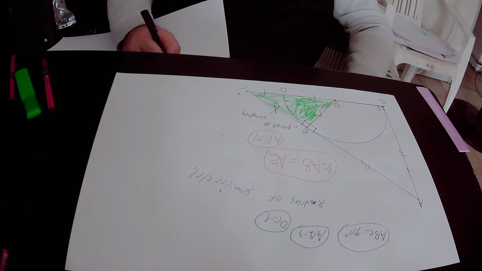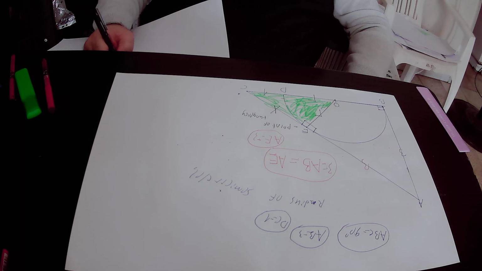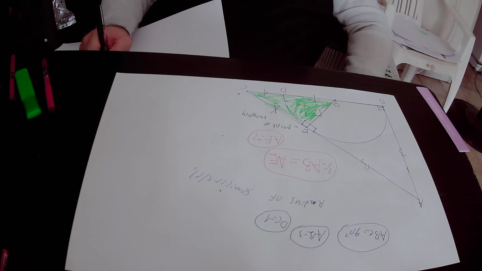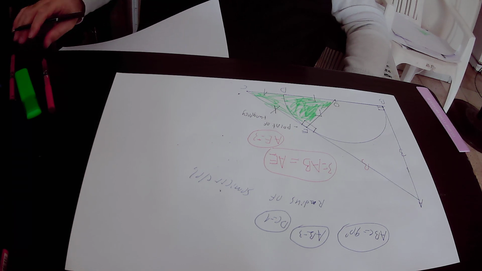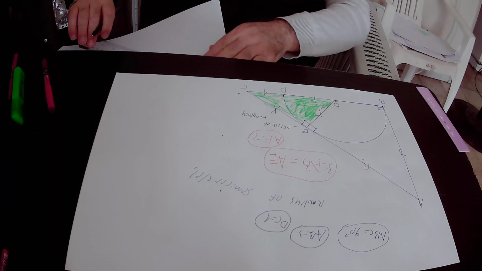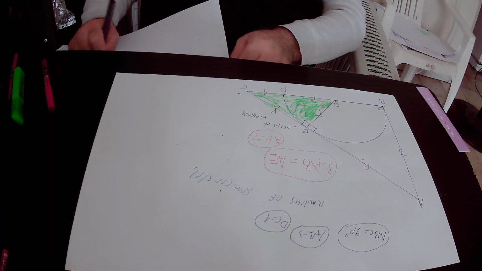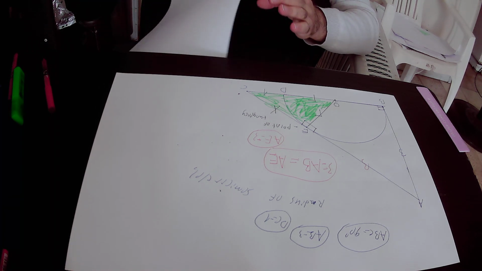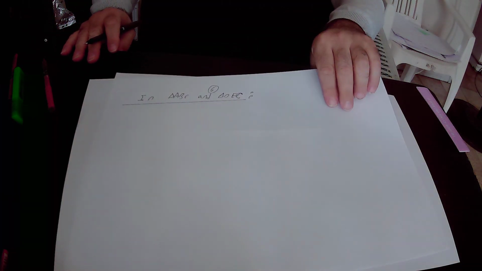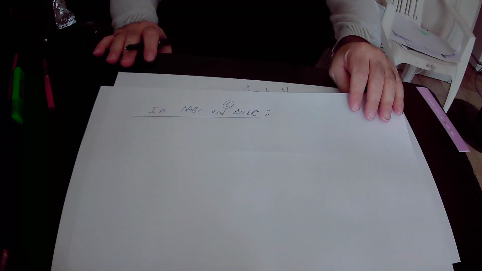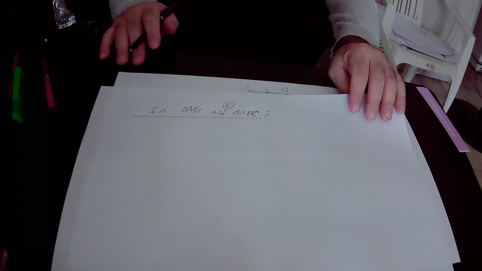We'll focus on triangle ABC and triangle OEC. Both of them are right triangles. We will focus on the right triangle ABC, and also on the right small triangle OEC.